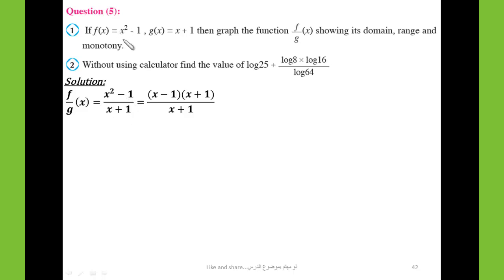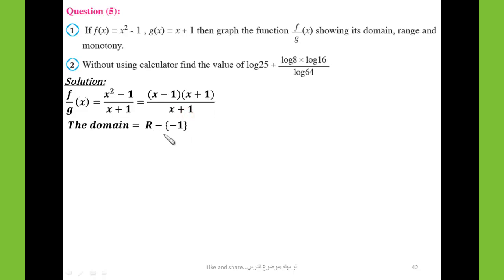Here from the given, f of x equals x squared minus 1, and g of x equals x plus 1. And we divide x squared minus 1 over x plus 1. And we simplify it by factorization. X squared minus 1 is x minus 1 multiplied by x plus 1 over the same denominator.